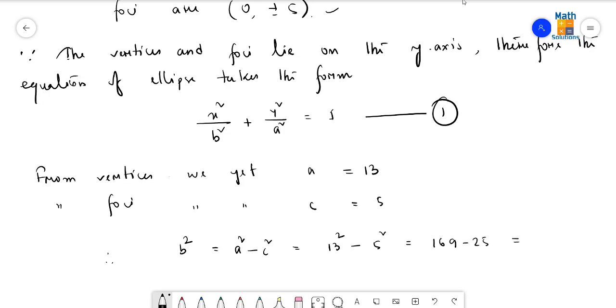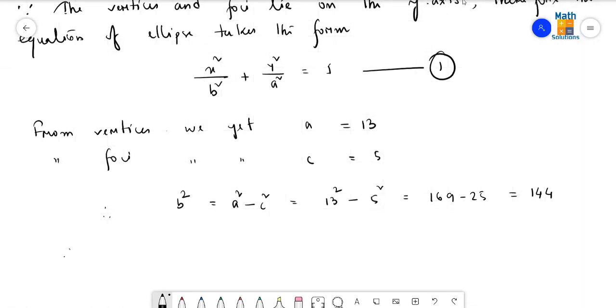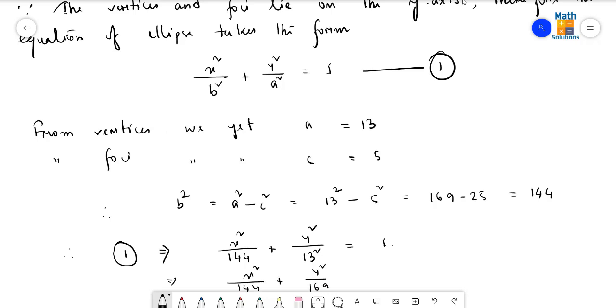The result will come as 144. Therefore, 1 implies x square by b square is what? 144 plus y square by a square will be what? 13 square is equal to 1. So we get the value x square by 144 plus y square by 169 equals to 1. So this is the answer we got here.